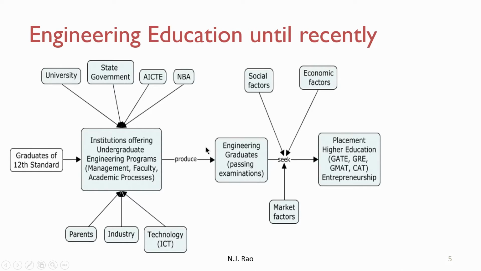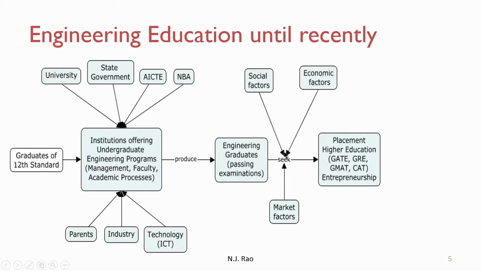And these graduates seek, there are only 3 activities broadly: either they get placed in an industry, or they go for higher education by writing examinations like GATE, GRE, GMAT, CAT and so on, and then a very small percentage will become entrepreneurs. So dominantly more than 80% are seeking placement immediately after graduation.